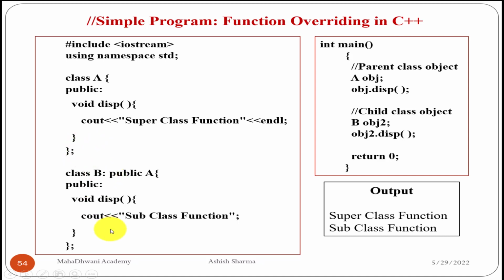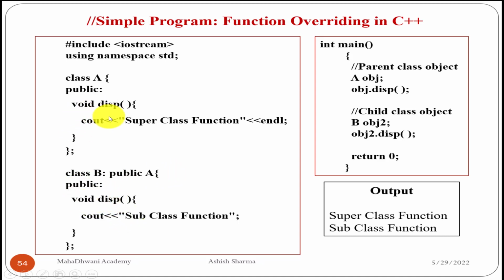Now we have another class, class B. In this class B we are using the inheritance concept with the public mode for class A, so the features from class A can be accessed inside class B. Inside the class B definition we see the public section with the same function.